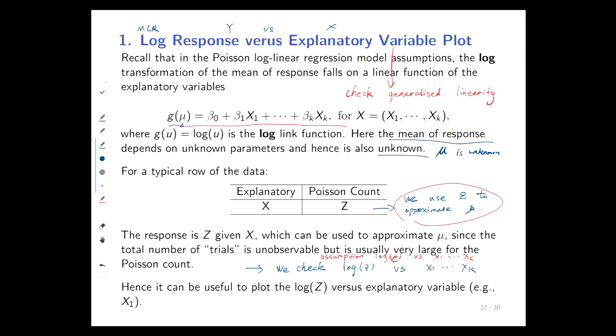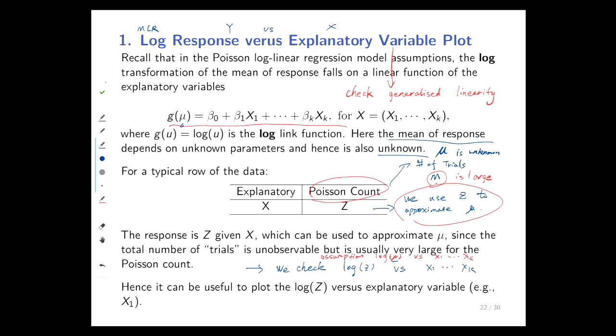That means we actually have the total number of trials m, but m is not observable and also m is very large. And this Poisson count is actually the number of the real events. So we should have this m in a standard data case. But here, because we have this Poisson count, usually we do not have m. But we can still use this m idea to help us understand it.